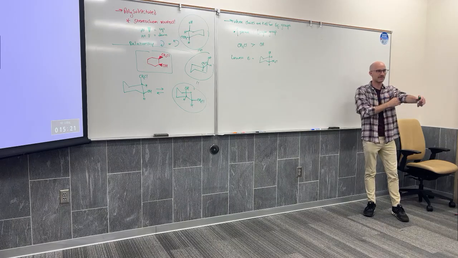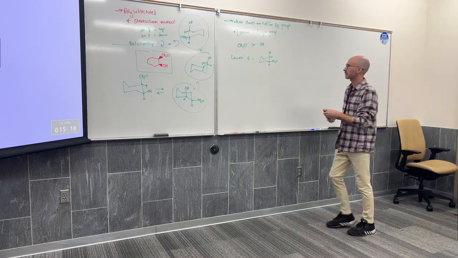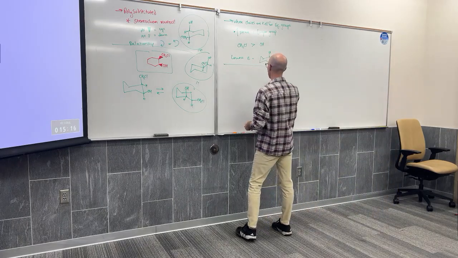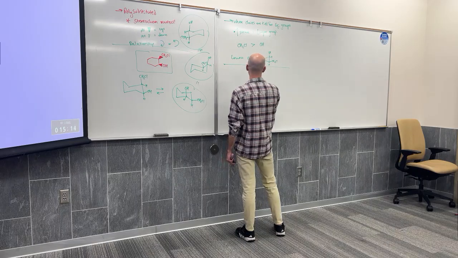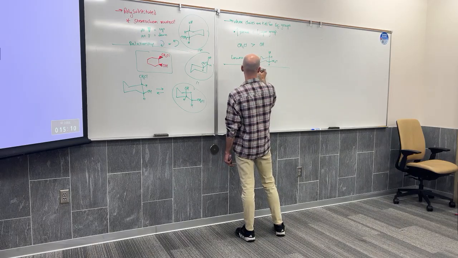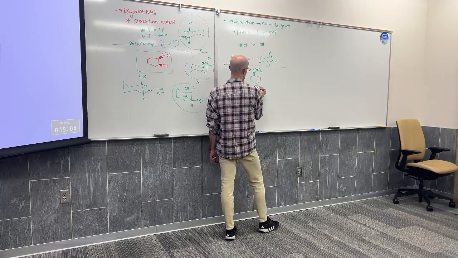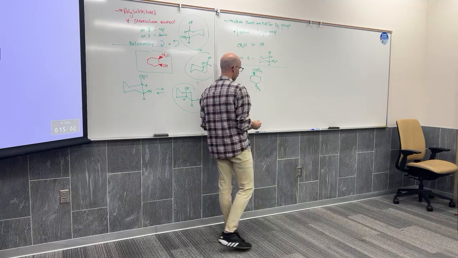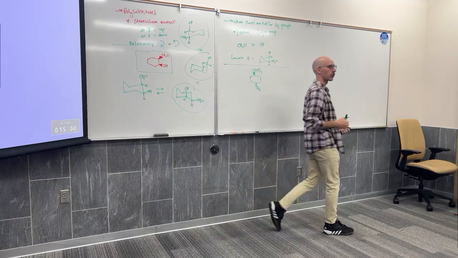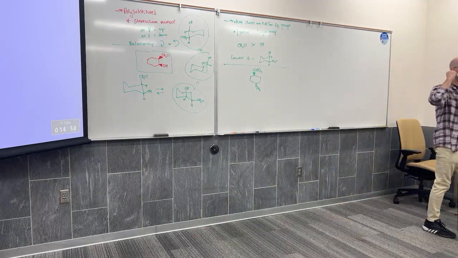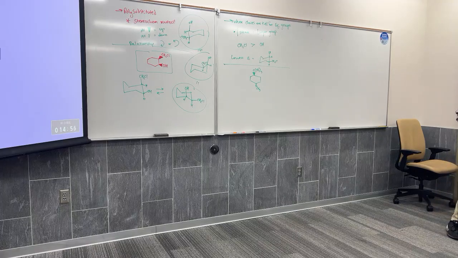All right. Let's do another one, shall we? Let's take this top-down view. Let's draw both chair conformations and decide which of them is the lowest energy chair conformation.